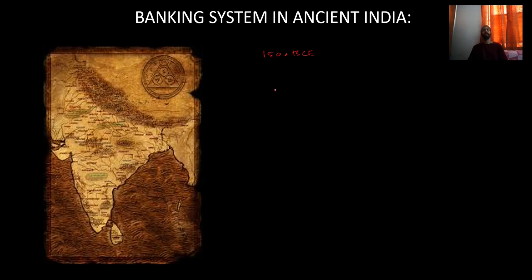There were specific instruments called hundis. These were very important instruments for exchange of money or value between businesses. These were basically a class of promissory notes, the precursors to promissory notes when those were not available.